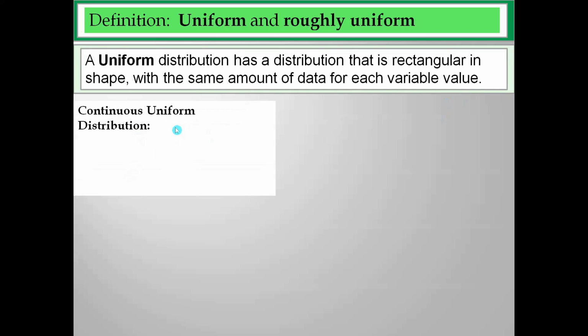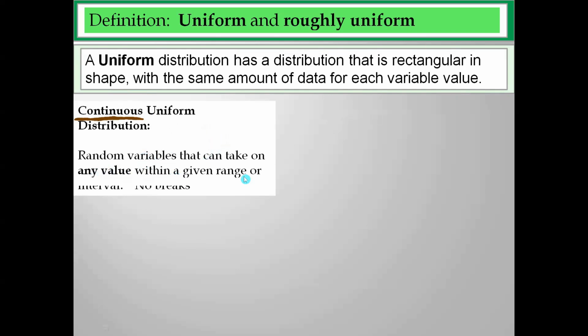When we think about continuous uniform distribution, the word continuous indicates that there will be no breaks. Everything is connected. To remind us, common continuous quantities would be something like time, height, and age. Random variables can take on any value within a given range or interval, no breaks. Again, a review of what continuous is referring to.